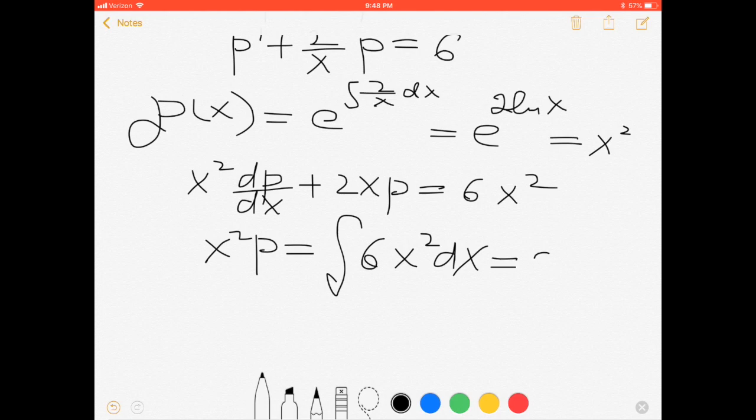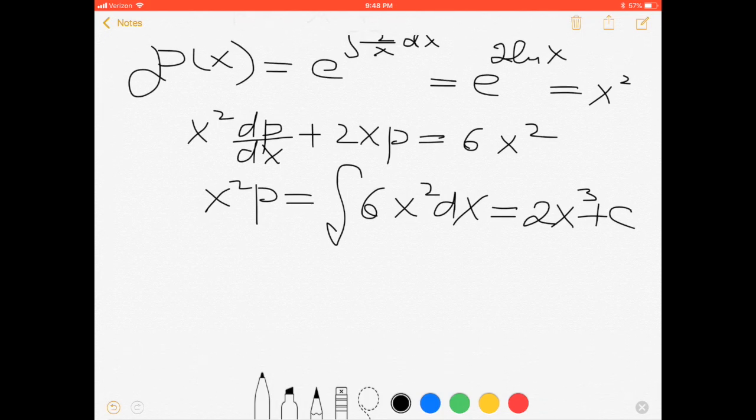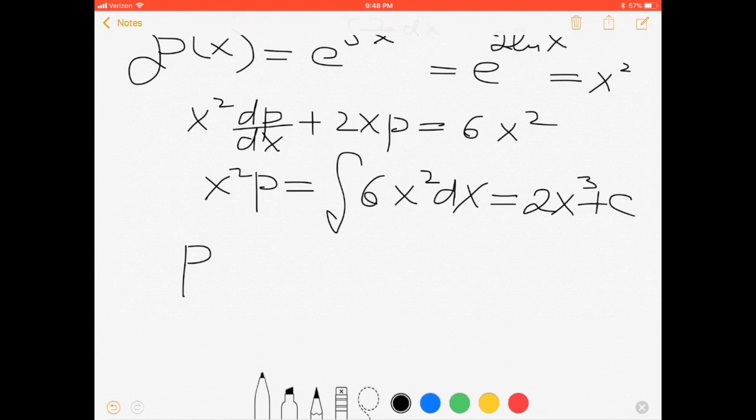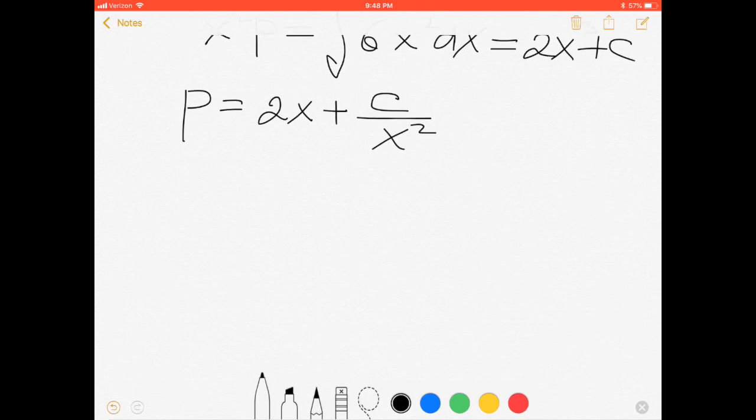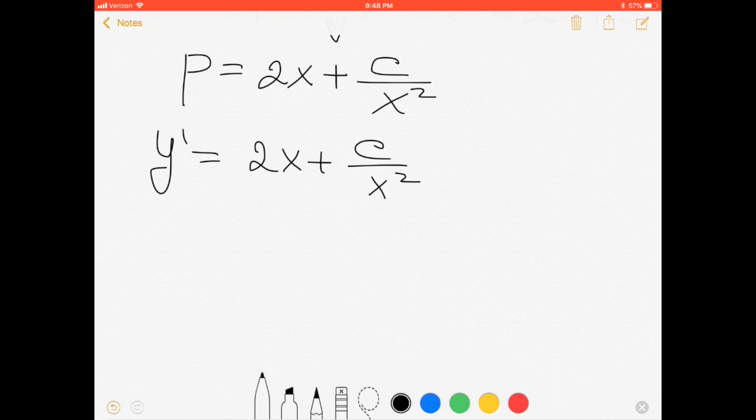It will be 2x cubed plus c. Okay, this means our p will be, we divide by x squared, 2x plus c over x squared.